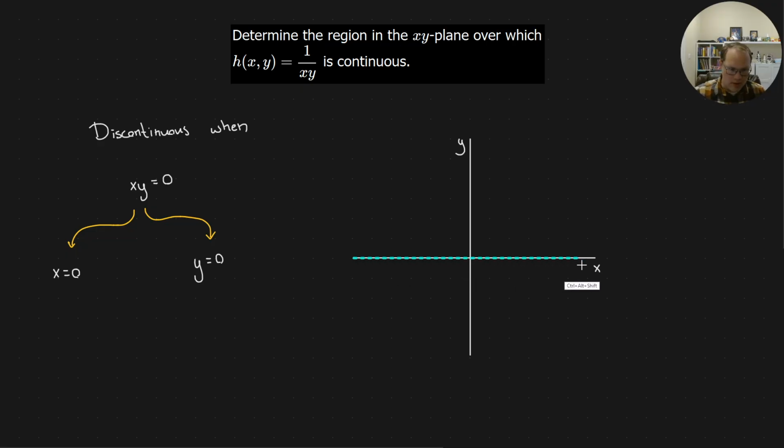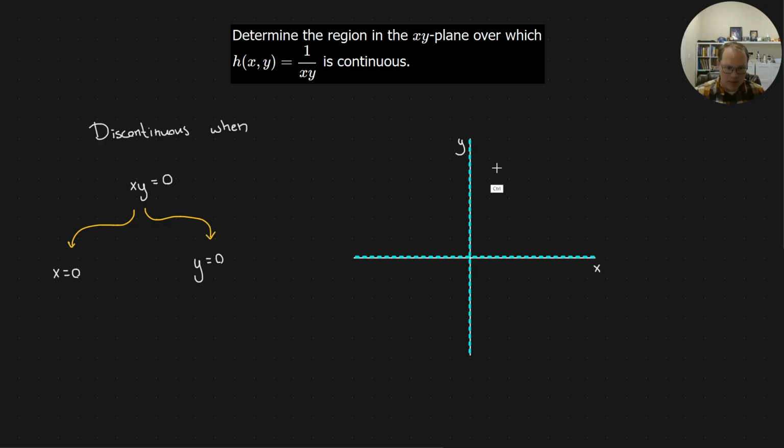So I want to rule out x equals 0, and I want to rule out y equals 0. And I think I drew that the wrong way. This is x equals 0, and this is y equals 0. But anywhere else is going to be okay. So all of this area is going to be continuous. There are no problems there.